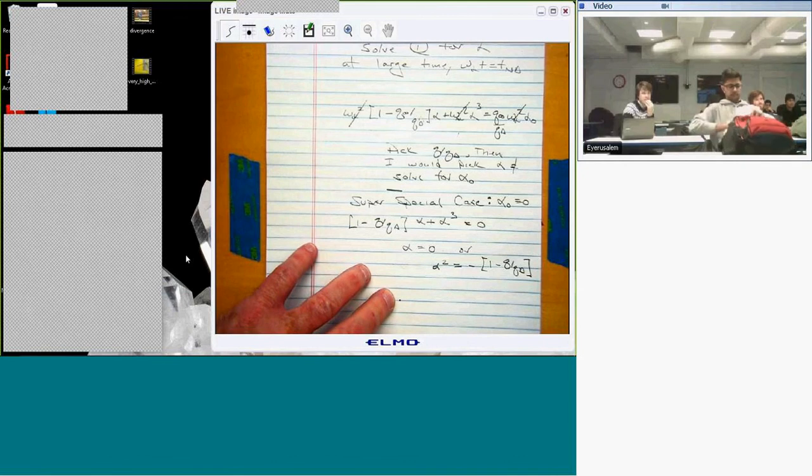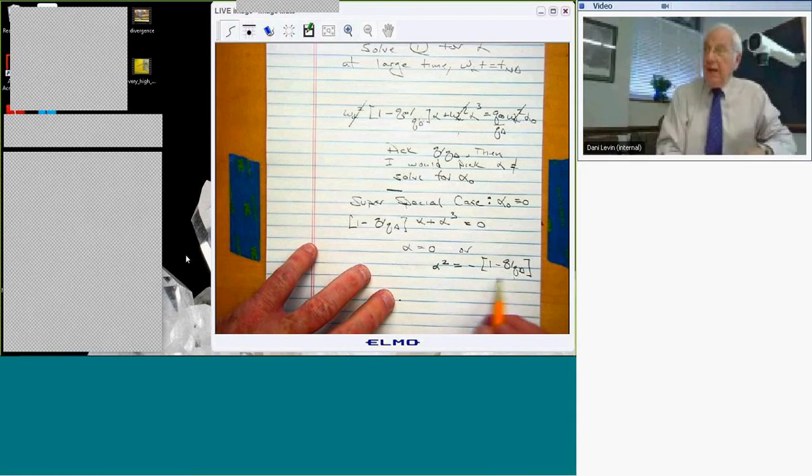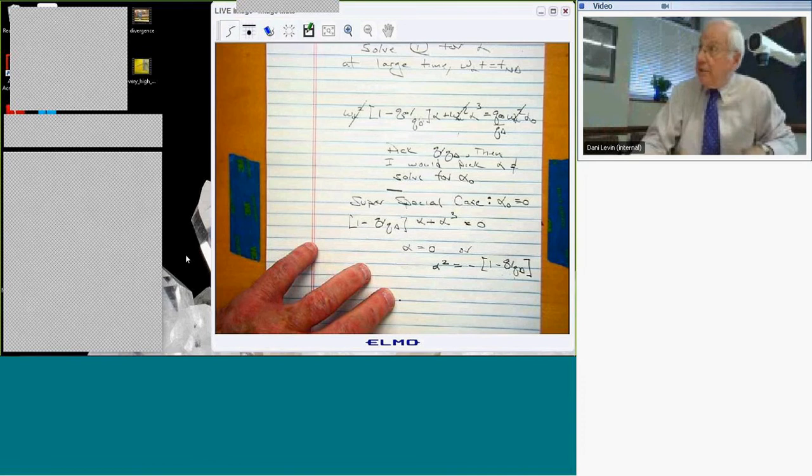But this particular possibility only makes sense if Q over Q sub D is greater than 1, so that this negative times this negative gives me a positive. Otherwise, there's no physical solution. So alpha is 0 for this special case, not surprisingly, for all Q over Q sub D less than 1. And it's not when Q over Q sub D is greater than 1.